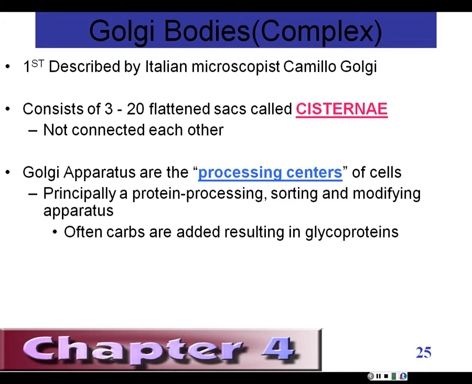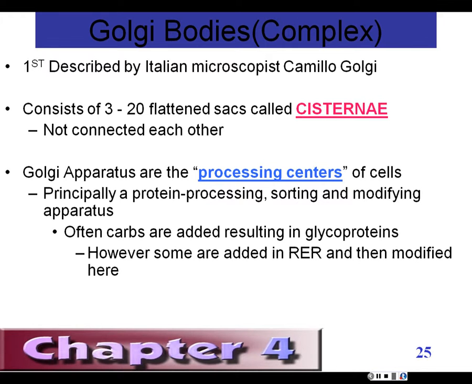Okay, so again, remember we said we may add the carbohydrate molecules to proteins over in the rough endoplasmic reticulum, but a lot of times those molecules that have been added have to be modified, so again, they're shipped down to Golgi.